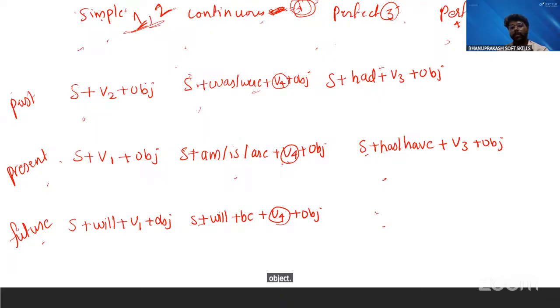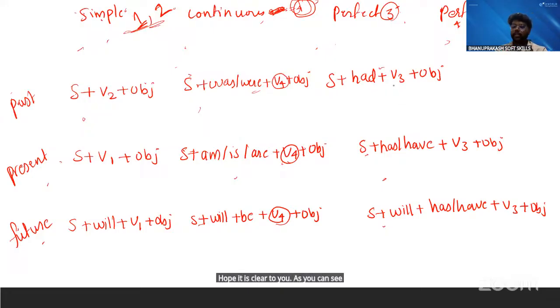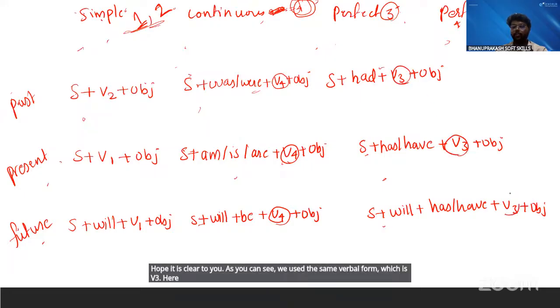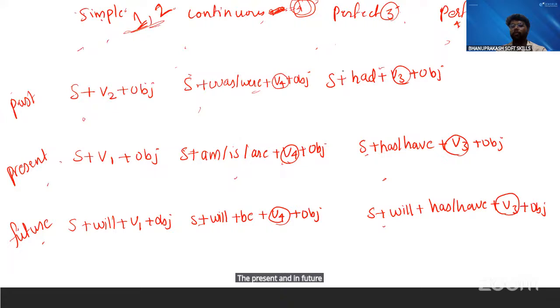Now future perfect means subject plus will plus has or have plus verb form 3 plus object. Hope it is clear to you. As you can see, we used the same verb form, which is V3, in past, present and future. And what we have changed are the H related words: had in past, has, have in future and present. Okay, clear with all these things?